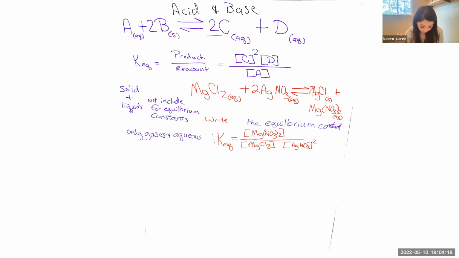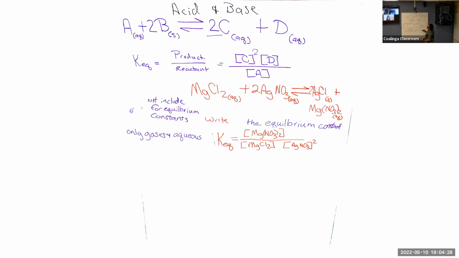Okay, so let me teach you one more thing, and then we'll do a really complex problem. Did you guys get the second part written down, the lower half with the silver nitrate?